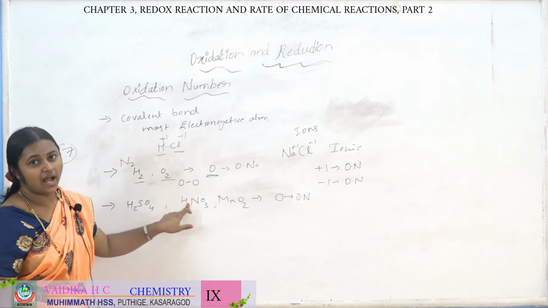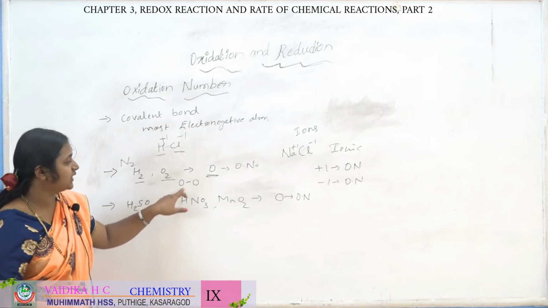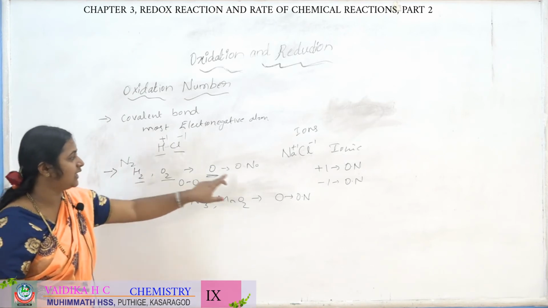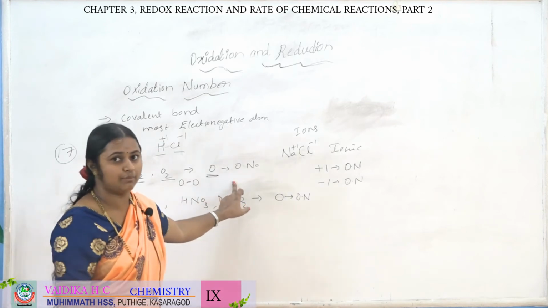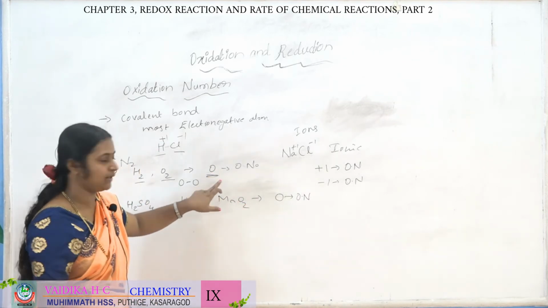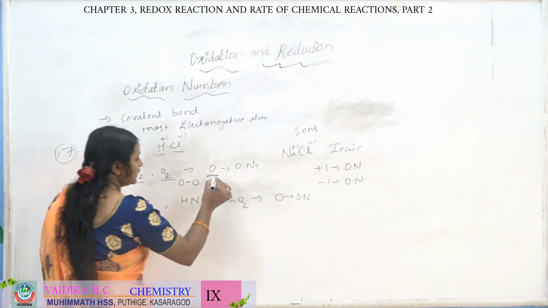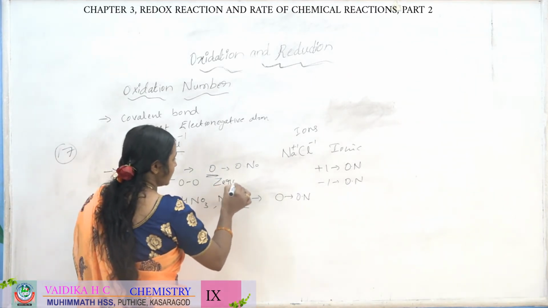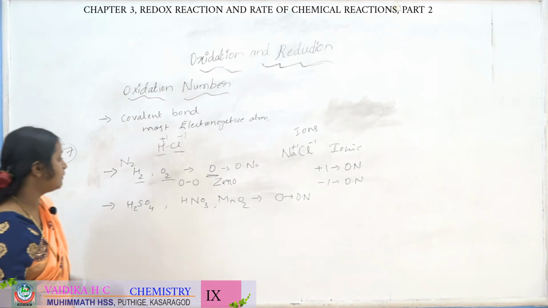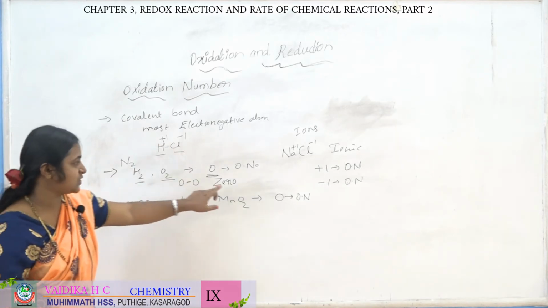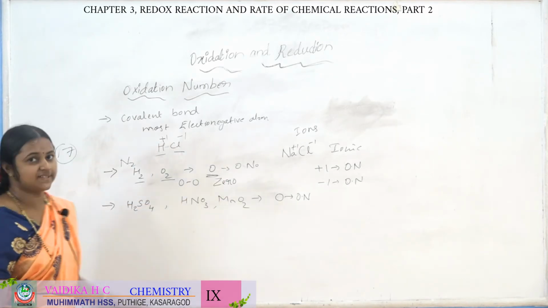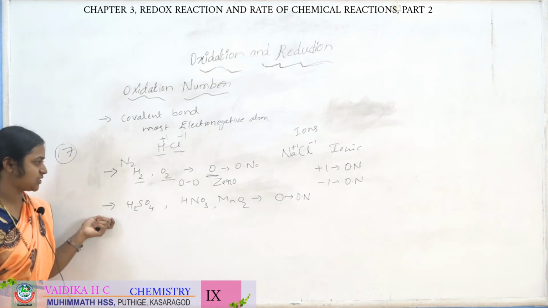So this oxygen atom will not have any oxidation number, so the oxidation number will be 0. The atoms which are in molecule form will have the oxidation number 0. This is the second rule of oxidation number.